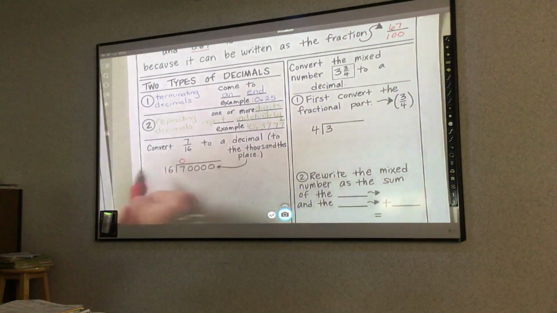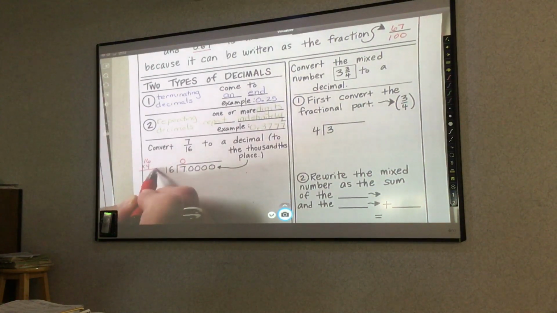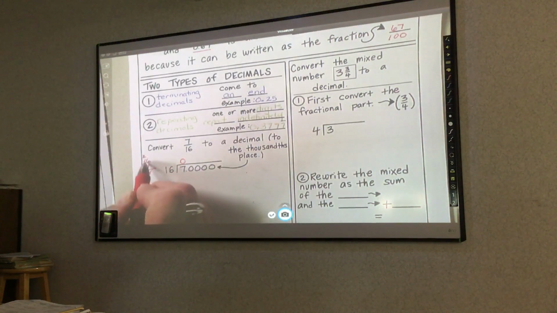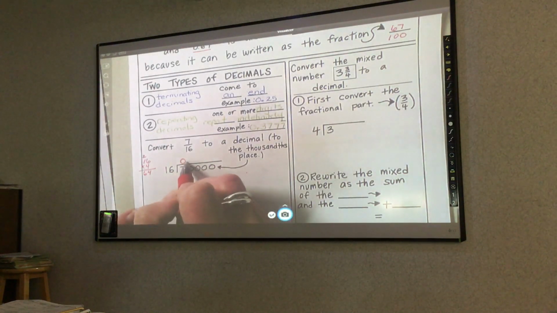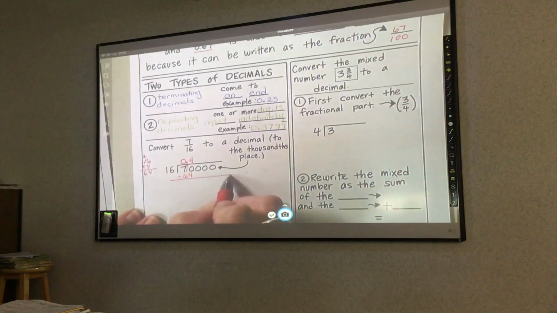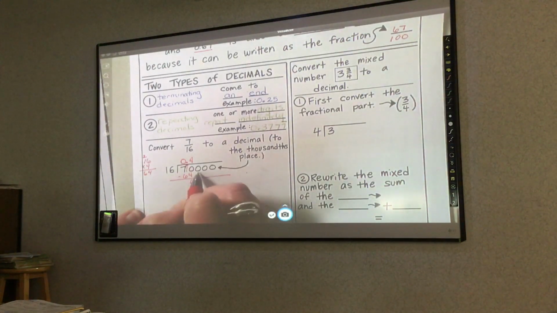So what you need to do is off to the side, let's try, what's your first guess, 4? 16 times 4. 4 times 6 is, guys help me out, 24, and then 4 times 1 is 4, plus 2 makes, okay, so is it 4 then? Make sure you bring up that decimal. Add the 4, and we're gonna subtract 64. 70 minus 64 is 6.